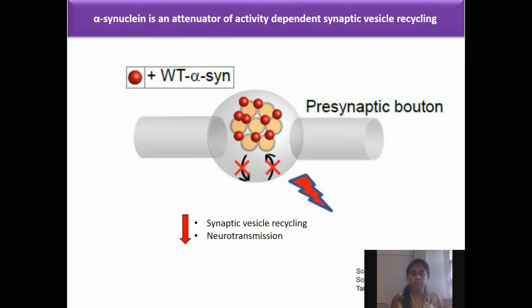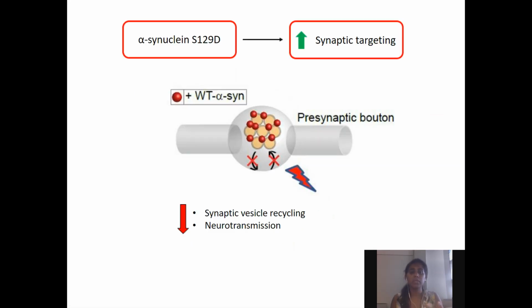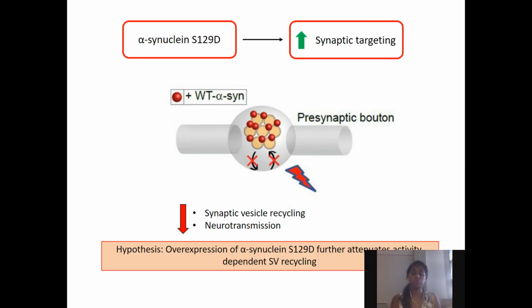When we express human alpha-synuclein in mouse neurons, it clusters synaptic vesicles and prevents their mobilization, as a consequence of which synaptic vesicle recycling and neurotransmission are reduced. Now that we know the alpha-synuclein 129D mutation increases synaptic targeting, we hypothesize that overexpression of this mutant will further attenuate activity-dependent synaptic vesicle recycling.